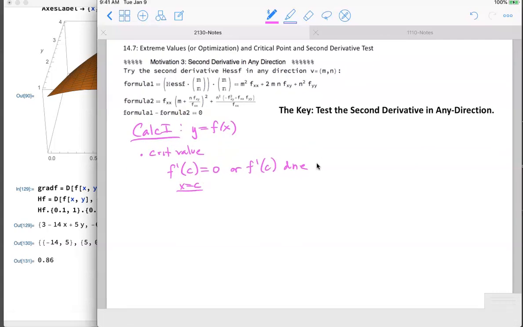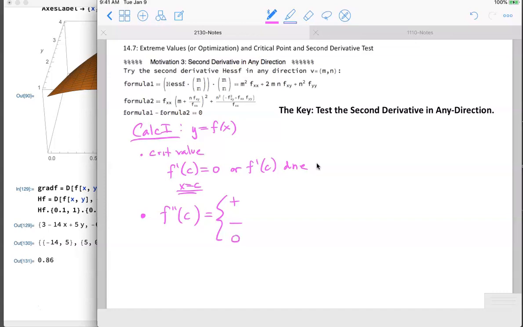Once you found that value of x, you can then single out that value of x to test what's going on with the second derivative at that point. And the whole point of the second derivative test from Calc 1 was to determine if the second derivative was positive or negative or 0.